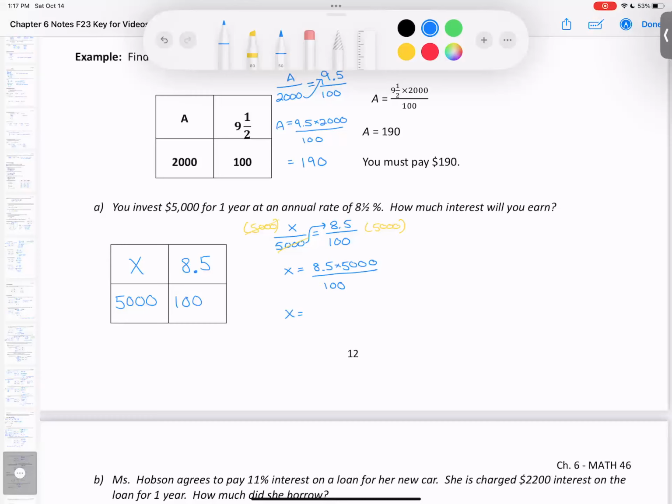And so let's see what that gives us. And so I get 425. So you will earn $425. I would say that's a very optimistic interest rate for today's economy, especially in something with a guaranteed annual rate. But $425 sounds pretty good.